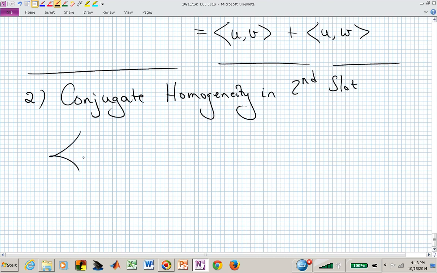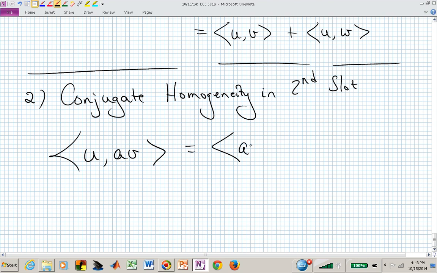Meaning, if somebody now gives you a scaled second slot vector and the scalar is A, then we can move that scalar into the first slot because that's where we know how to treat it. But in order to move it into the first slot, we have to conjugate the inner product.